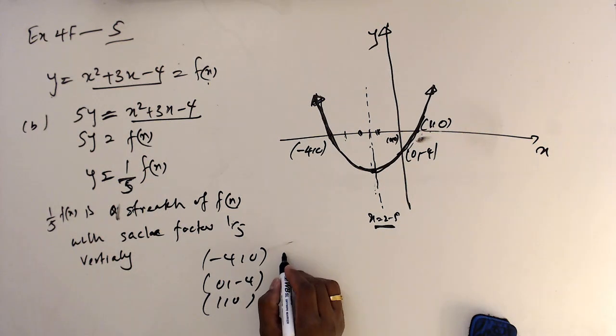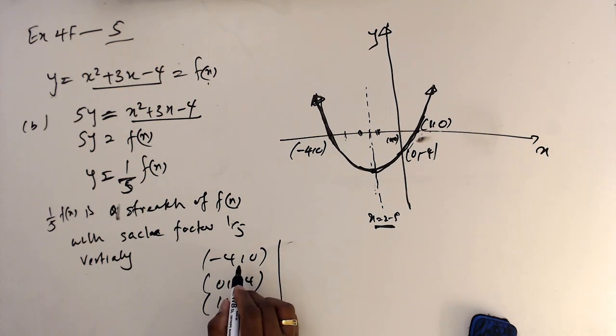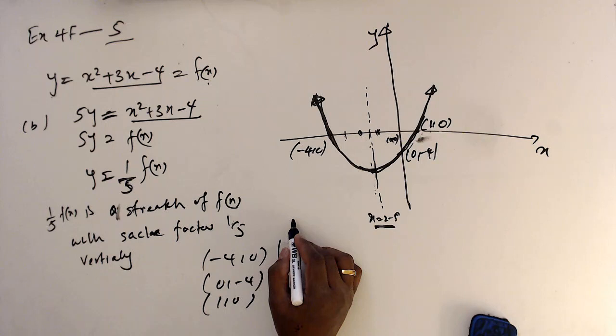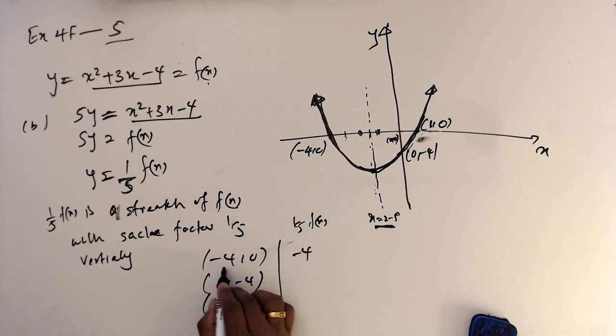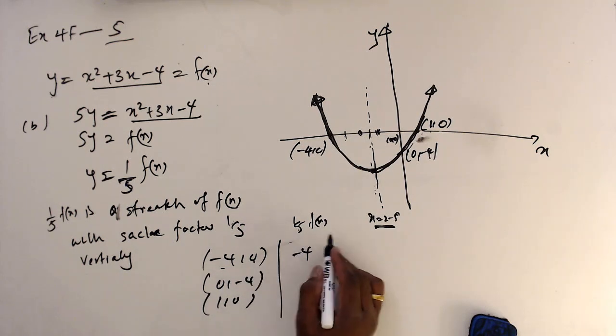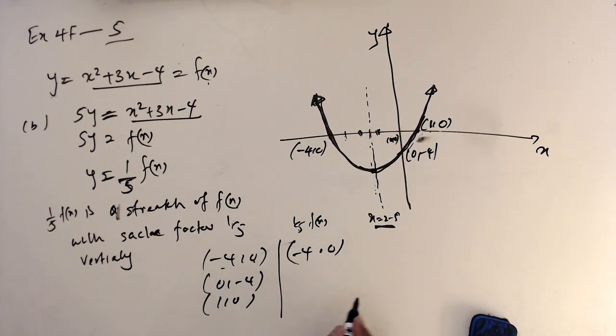Now we have to multiply by 1/5 to find the f(x) values. 0 times 1/5 is still 0.